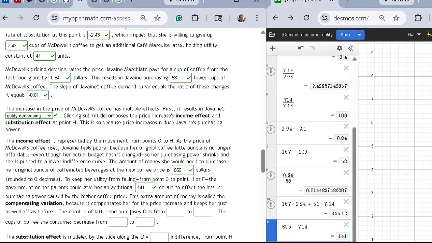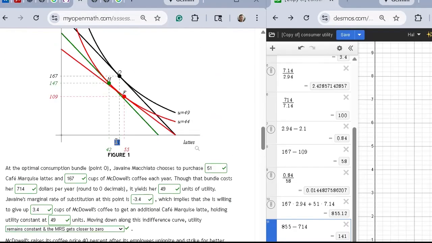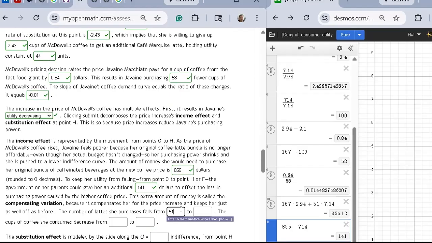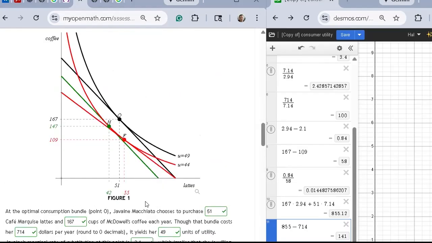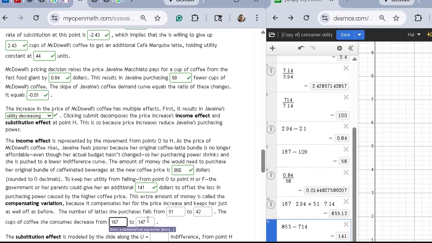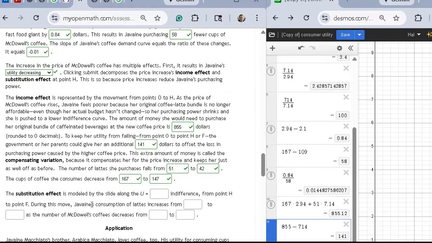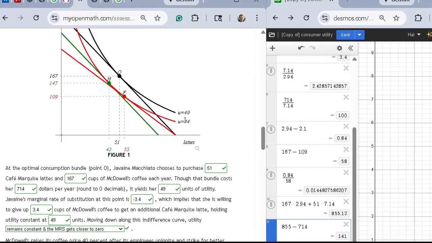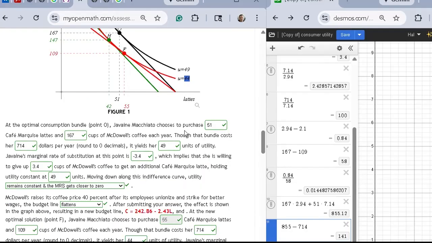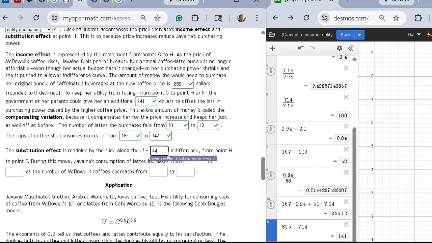So the number of lattes she purchases falls in the income effect from 51 to 42. For the income effect, the number of coffees decreases from 167 to 147. Now, the substitution effect is modeled by the slide along the indifference curve, the red one, where the utility is 44. So we're going to hold the utility constant at 44. And this is where we pick up the relative price change.